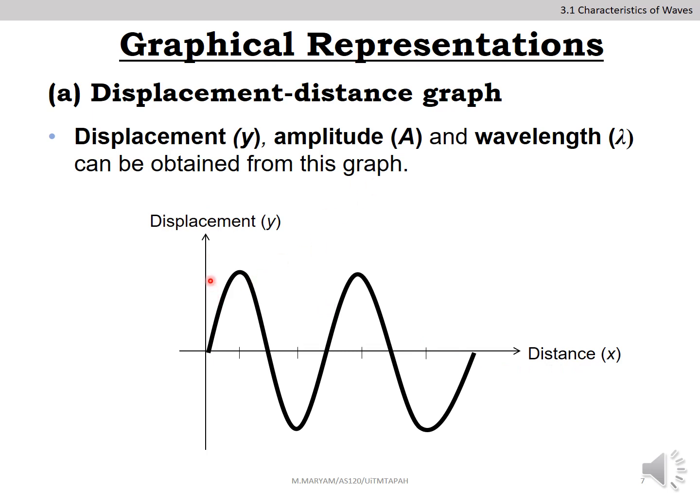How to find the amplitude? We take the maximum height here. Wavelength, as I mentioned earlier, is from crest to crest, or from trough to trough, or one complete oscillation.